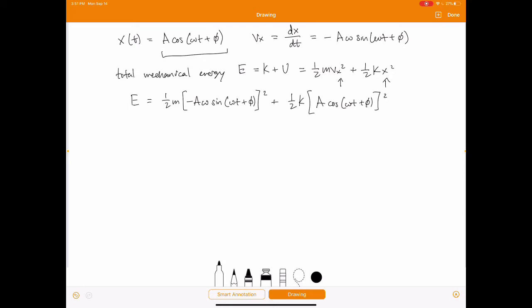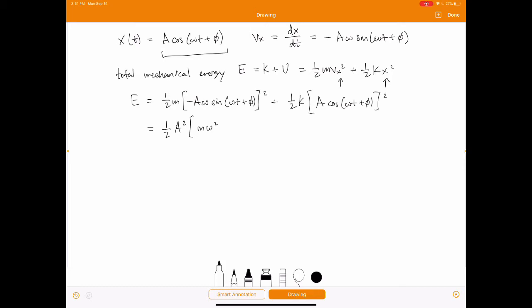Okay, so looks like we have some common factors here. We have 1/2 and we have A squared in both terms if we factor that out. Now, in my first term, I'm going to have an m factor and an omega squared factor. And since we have a negative that gets squared, the negative sign goes away in this first term.